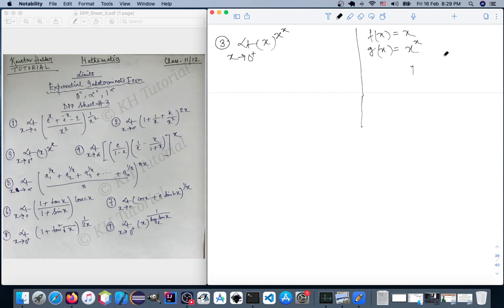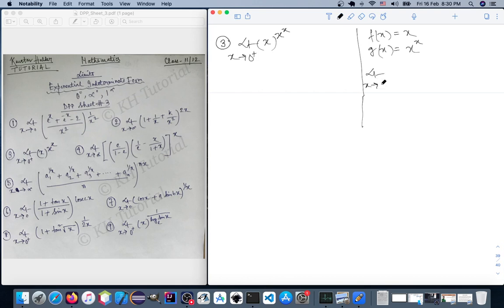In the previous video I discussed the general formula for solving exponential indeterminate forms: limit x tending to a of f(x) to the power g(x) equals e to the power limit of g(x) log of f(x).